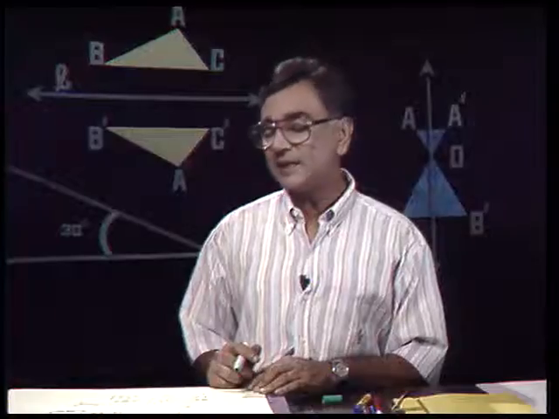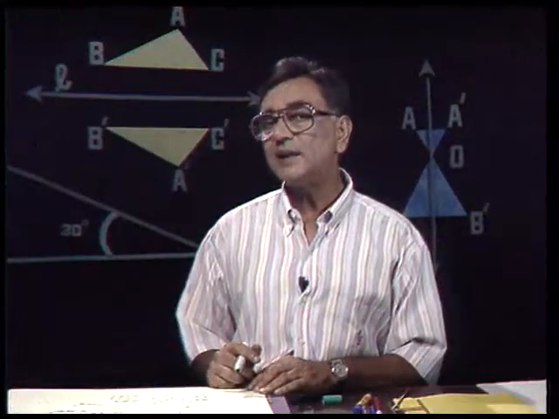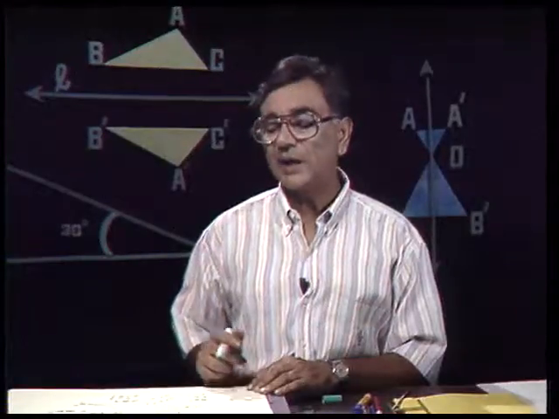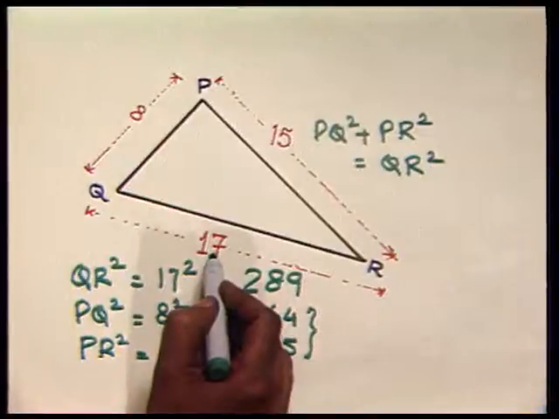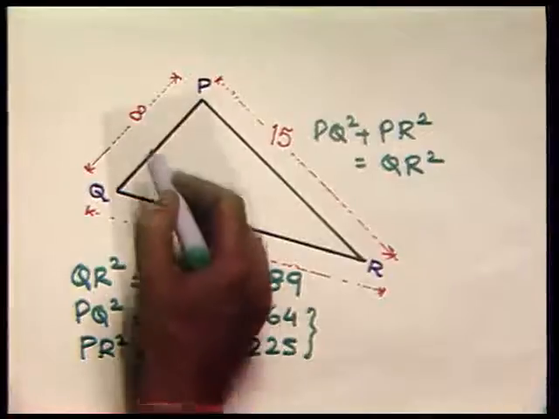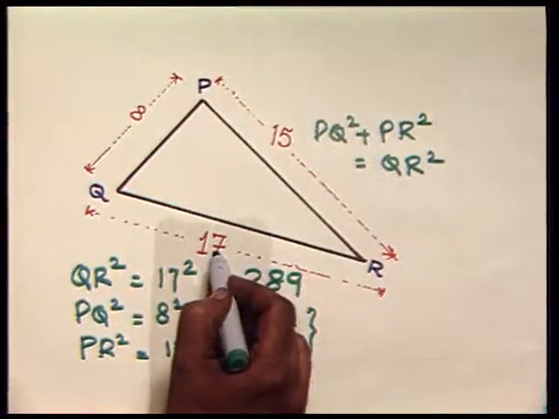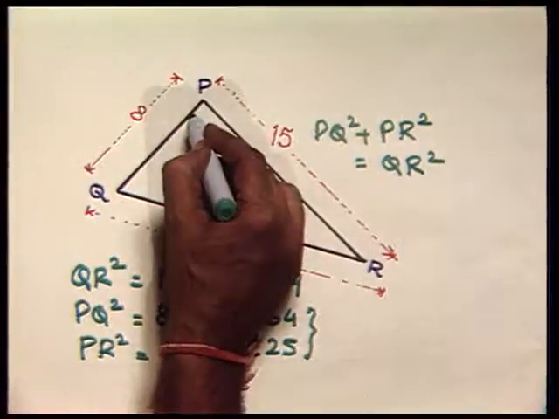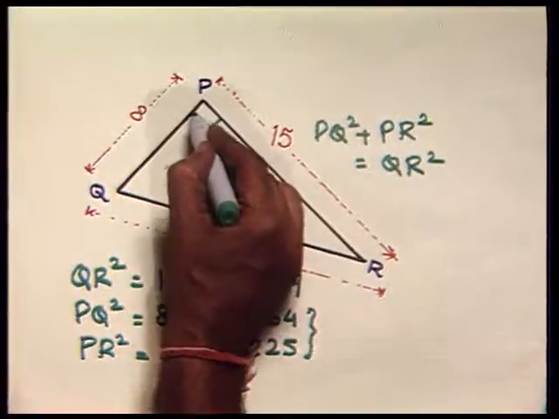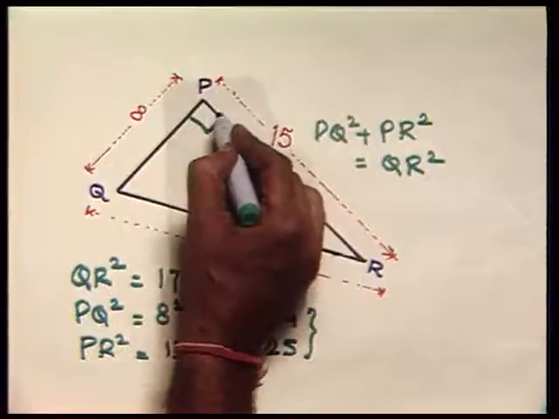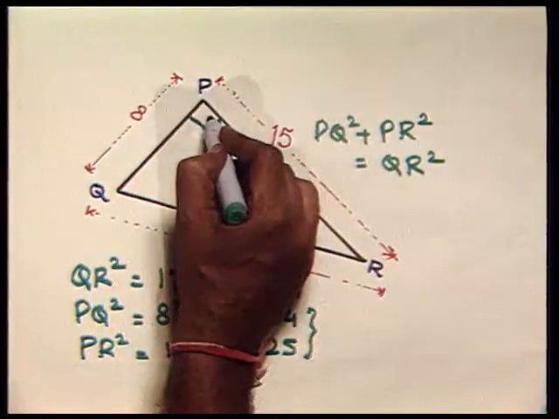Now the question arises, at what point is this a right triangle? Since 17 square is equal to 8 square plus 15 square, the angle opposite to this longer side must be a right angle. So at P this is a right angled triangle.